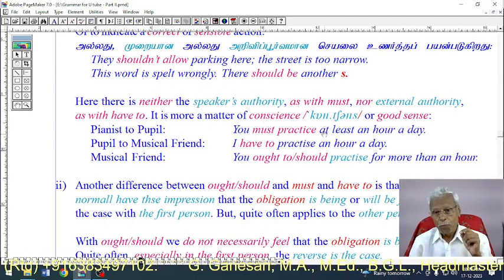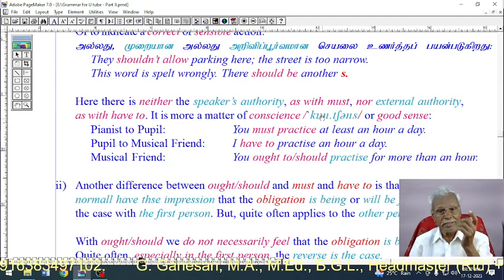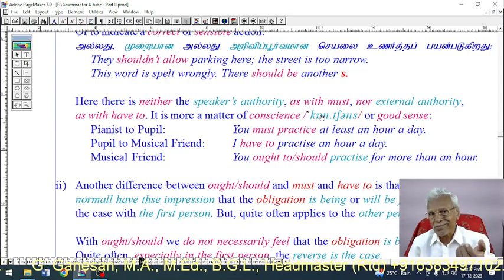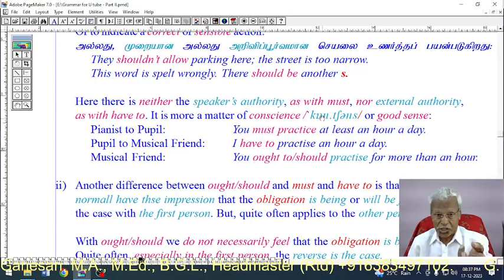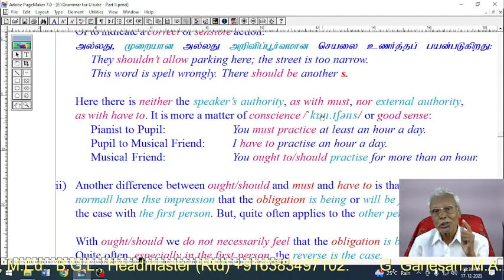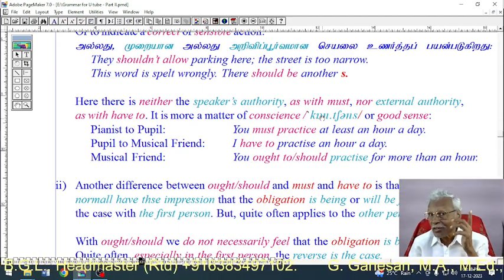So try your best to understand the letters of pronunciation, the phonemes. You should know them. Then only you can pronounce words correctly.